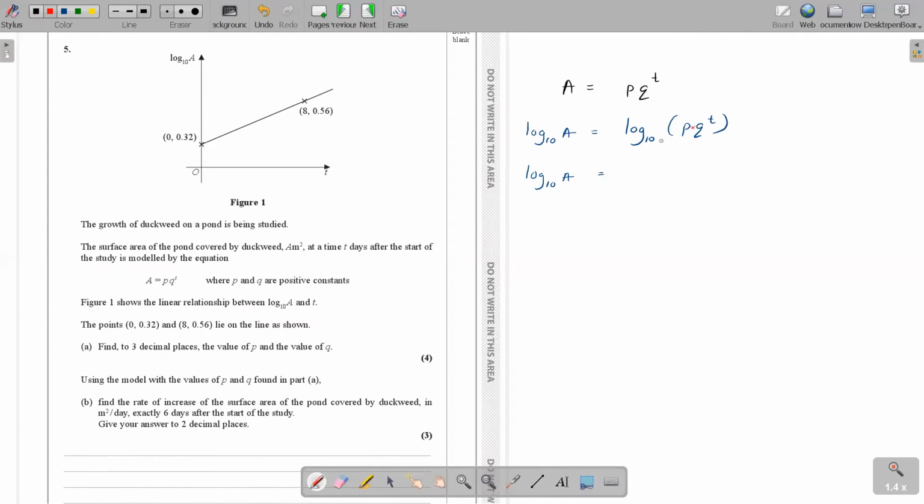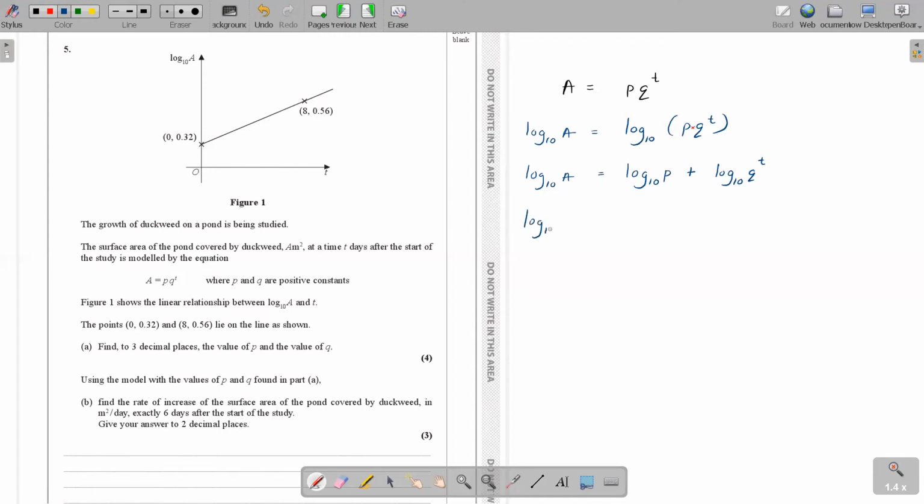Inside a single logarithm, if there's a multiplication, you can break it up as an addition of two separate logarithms. So when there's a multiplication, you break it up: log base 10 of P plus log base 10 of Q to the power t. So this is the rule.